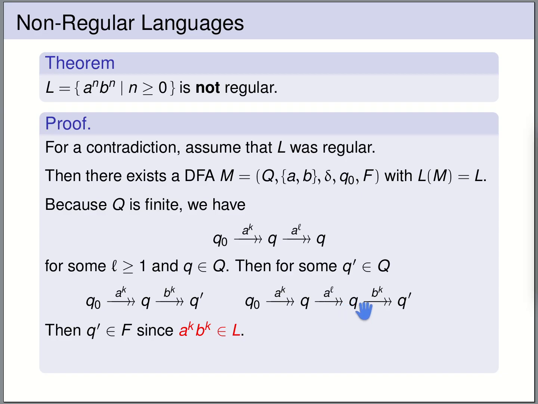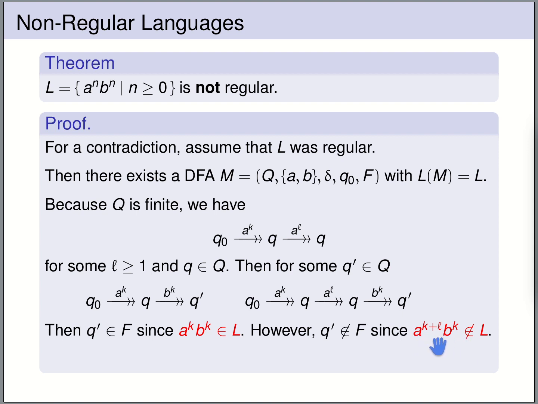So, if we read b to the k from state q, we already know we get to state q prime. But now we have read more a's before this b to the k part. So actually we have read the input a to the k plus l, b to the k.